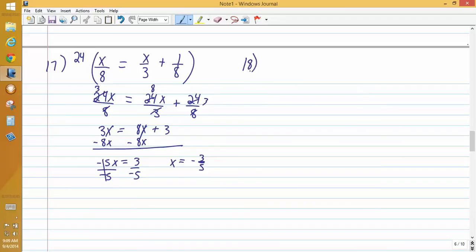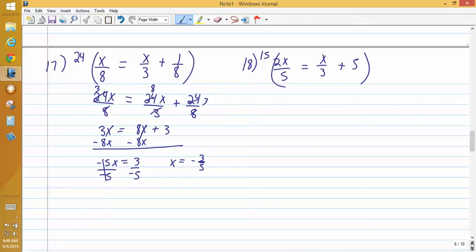Number 18 is very similar. There are no x values in the denominator, which means there are no restrictions. So find the least common denominator between 5 and 3. That's 15.